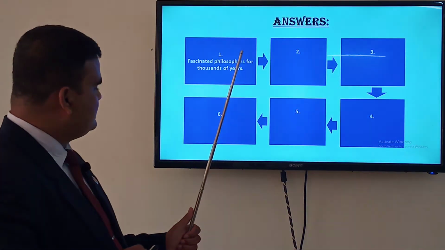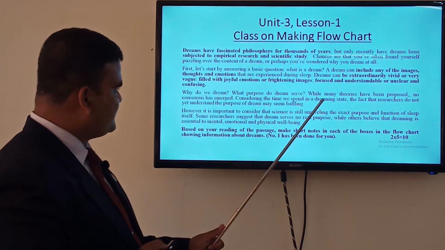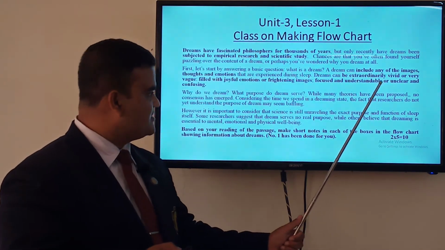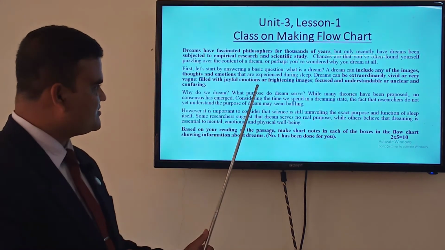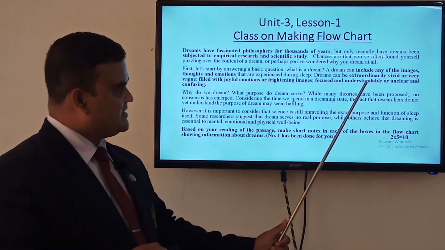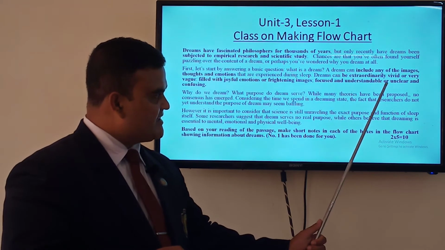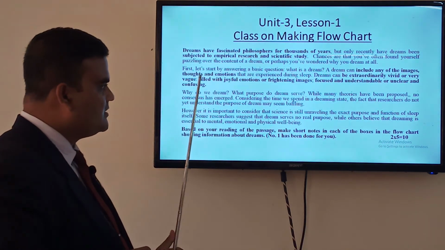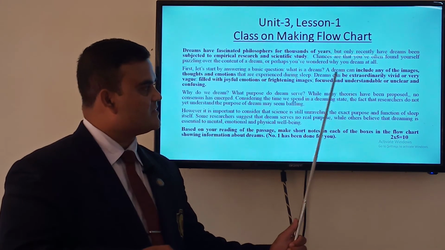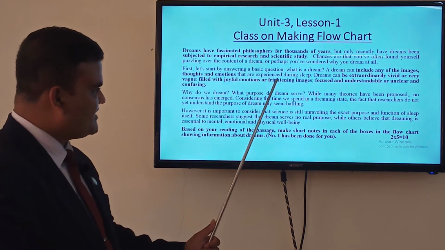Again, if we go into the text, then we will find some other information. Dreams can be another quality. Dreams can be extraordinarily vivid or very vague, filled with joyful emotions or frightening images, focused and understandable or unclear and confusing. We can collect some more information from here. We can take from here extraordinarily vivid as this is a quality of dreams.